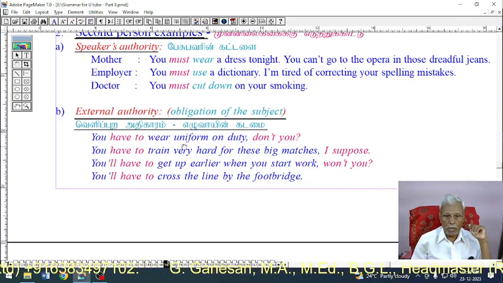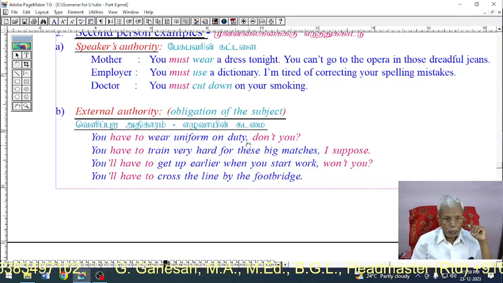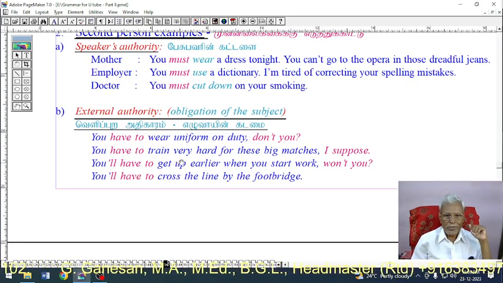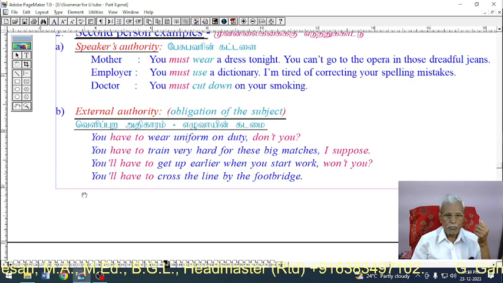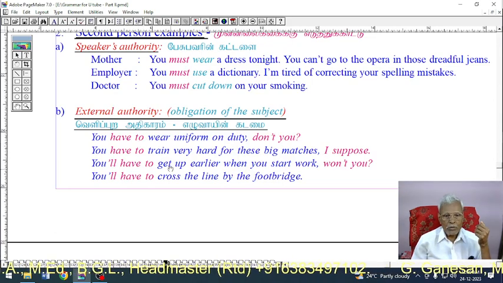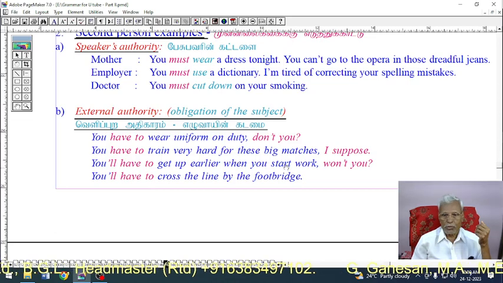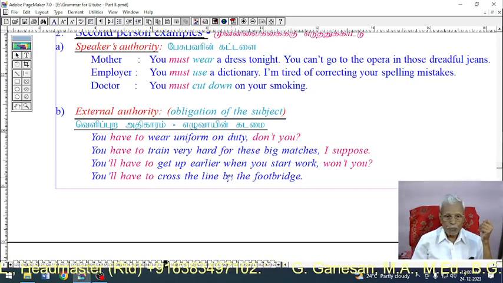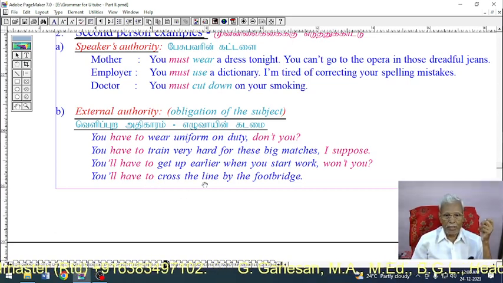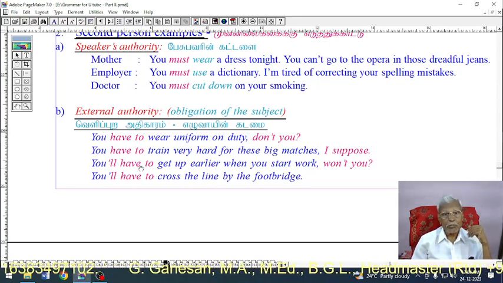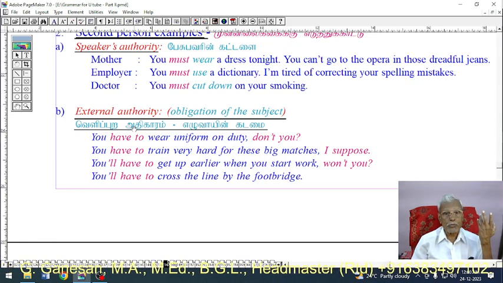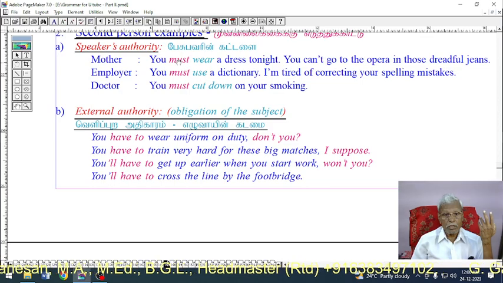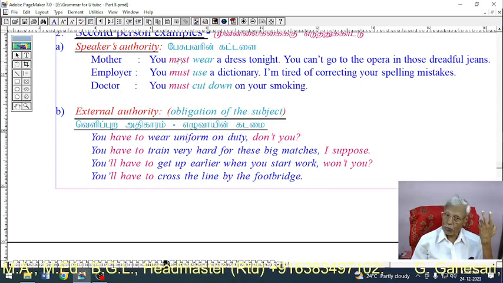You have to wear uniform on duty, don't you? You have to train very hard for these big matches, I suppose. You will have to get up earlier when you start work, won't you? You will have to cross the line by the footbridge. These are the obligations of the subjects. So here we have used have to. When it is the authority of the speaker, here we have used must.